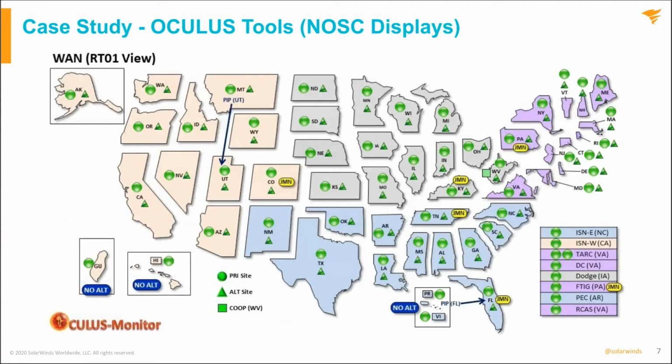Now, when we talk about these maps and views, a lot of customers come to us and ask what are different ways that we can visualize and see what's going on with the infrastructures for those different levels. This is a great one that we do have.